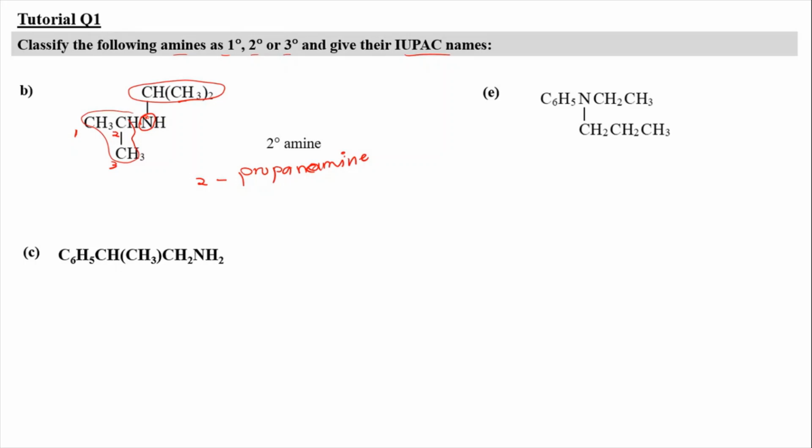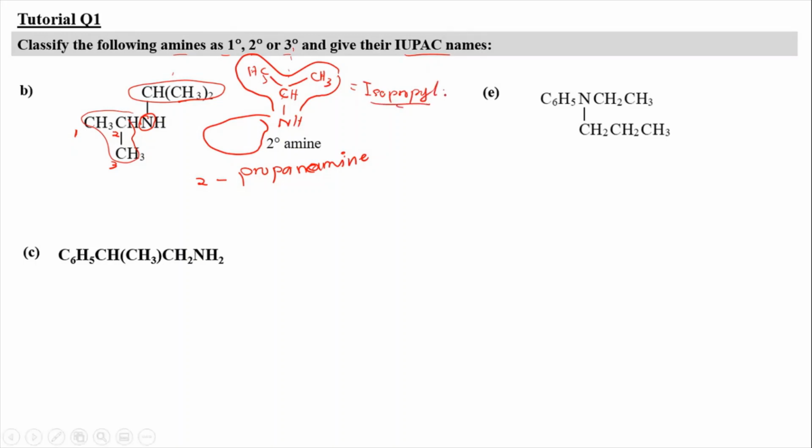The nitrogen here is going to have one substituent. If you were to expand this substituent, you're going to get CH, and then you're going to have CH3 and CH3 here. The others, you just copy back again. This substituent has 3 alkyl groups and looks like a Y. Because it is symmetrical, it is known as isopropyl.